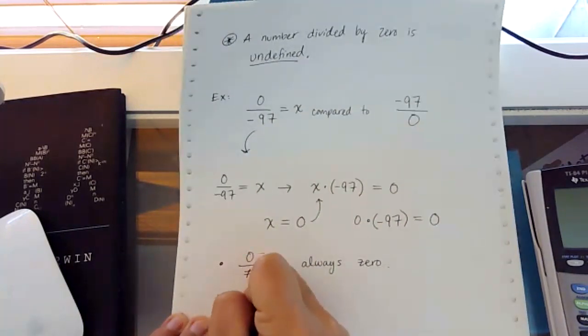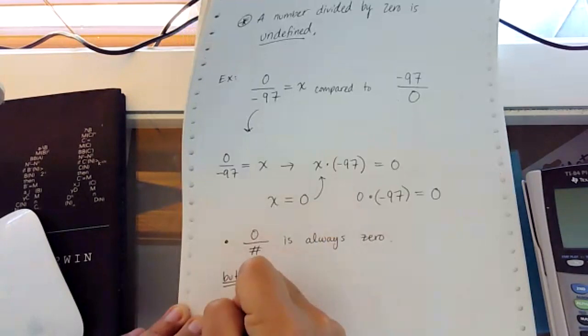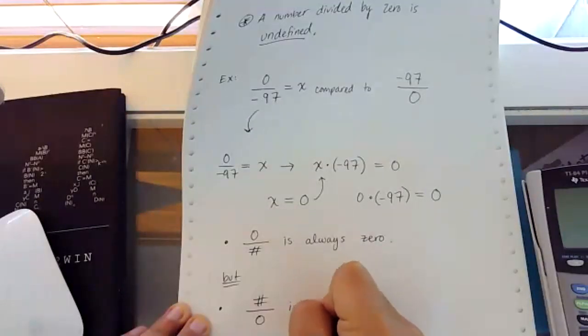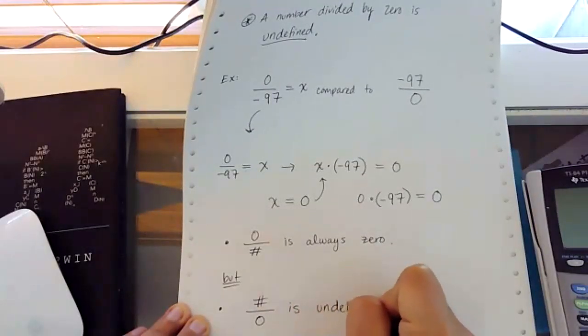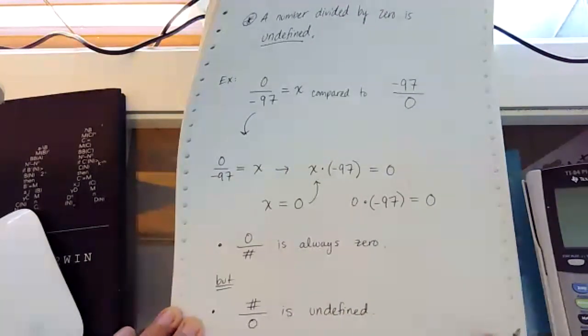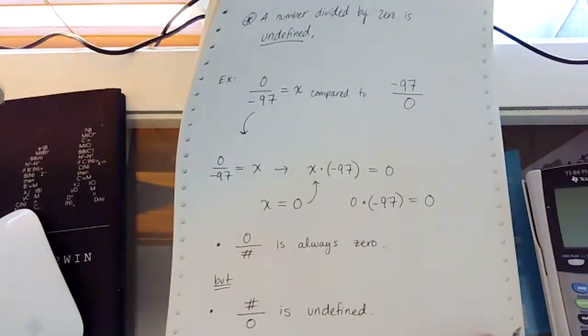But if you have it reversed, a number divided by 0, we say this is undefined. Any questions or comments there?